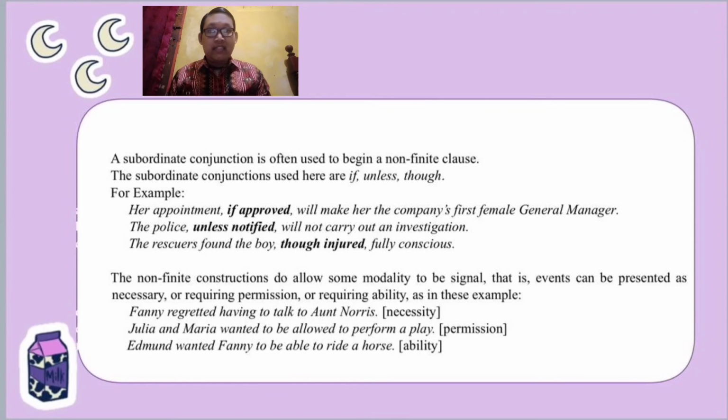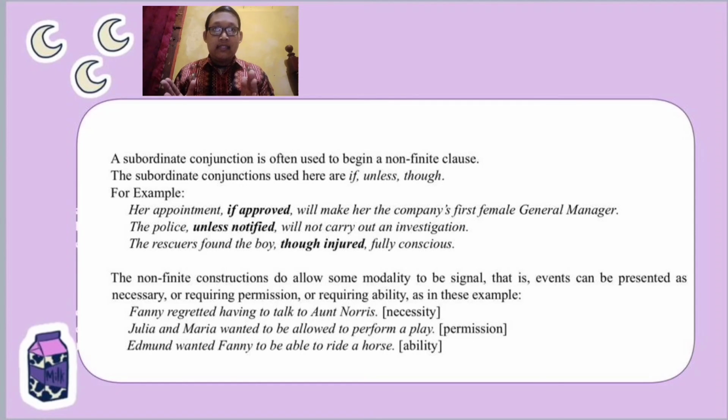The non-finite construction allows some modality to be signaled, that is, events that can be presented as necessary or requiring permission or requiring ability. As in this example, Fanny regretted having to talk to Aunt Norris.